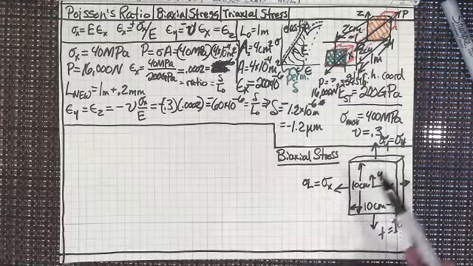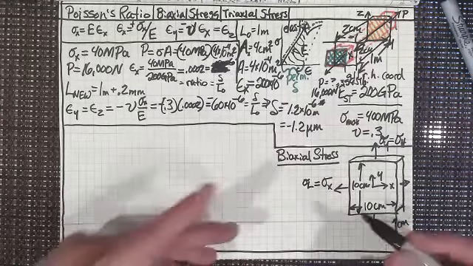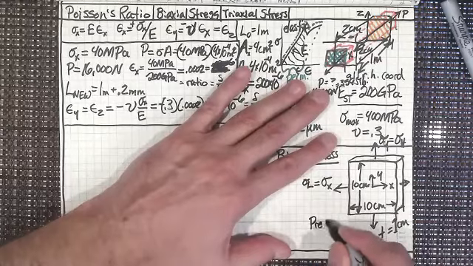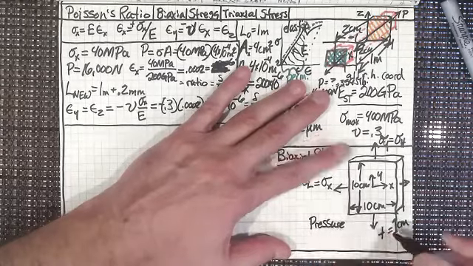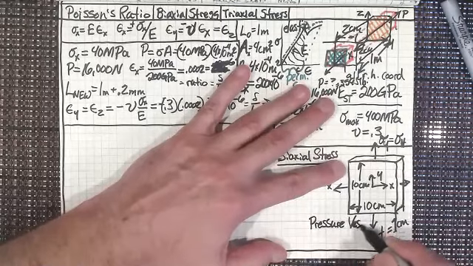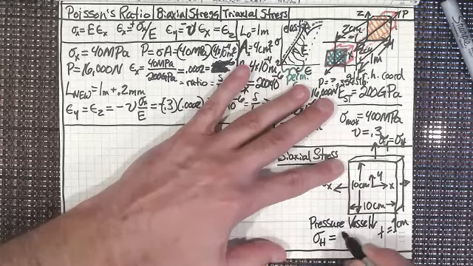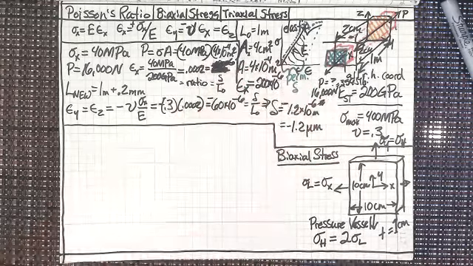Now, that's all I'm going to say about that until I get, well, I shouldn't say that, because in a pressure vessel, I'll write it right down here. In a pressure vessel, the hoop stress always equals twice the longitudinal stress.